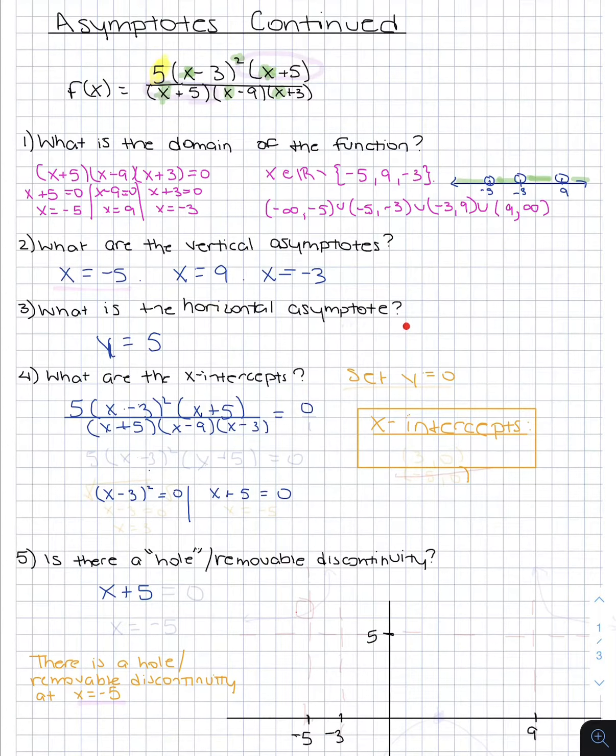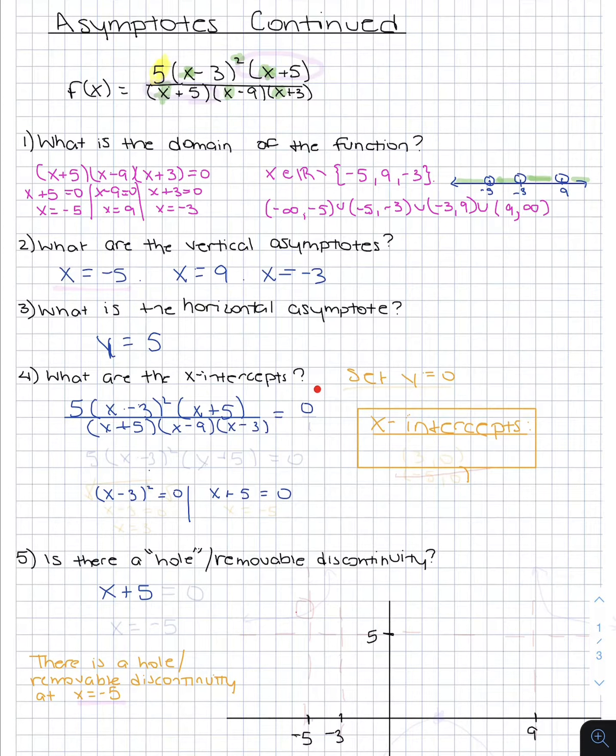If we wanted to look at what the x-intercepts of the function are, whenever we look for the x-intercept, we always want to set y equal to 0. f of x is the same thing as saying y. So in reality, we're setting the function, 5 times (x minus 3) squared times (x plus 5), all over (x plus 5) times (x minus 9) times (x minus 3), equal to 0.